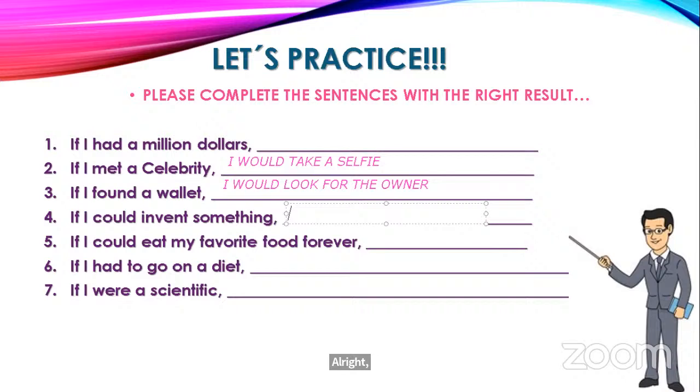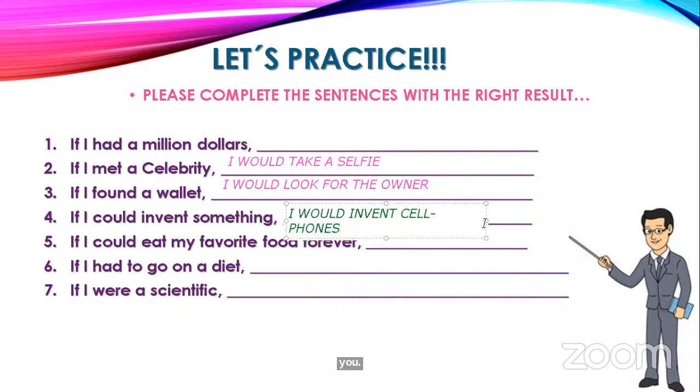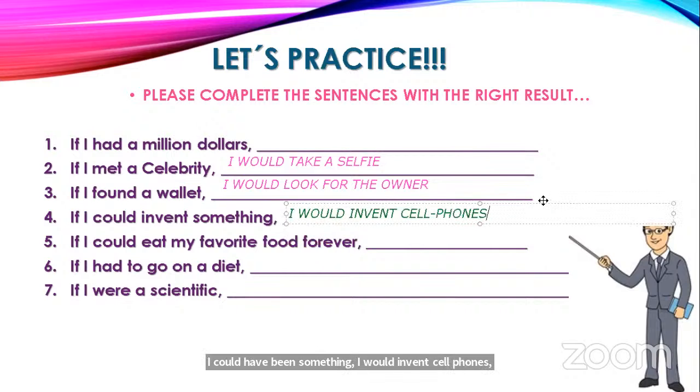I would invent, no sé, cell phones. Yeah, cell phones. It could be a good answer too. Good, thank you. If I could invent something, I would invent cell phones. Yeah, good. It doesn't matter. Actually, in here, we don't have wrong answers.